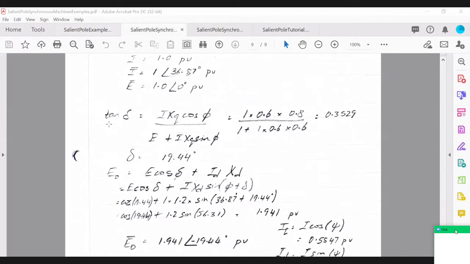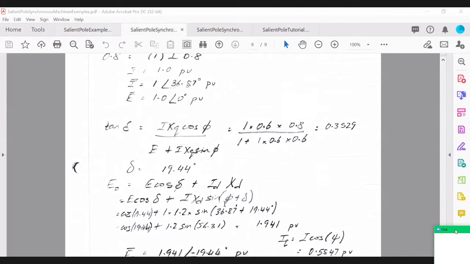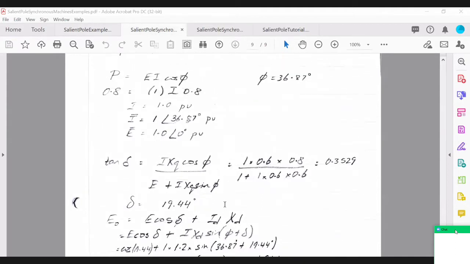Using that same equation, you can substitute the values for the terminal voltage, the current, cos of phi and sine of phi, and also the Q-axis reactance. Using that, you can determine the angle at which the motor is operating, that's the angle delta.